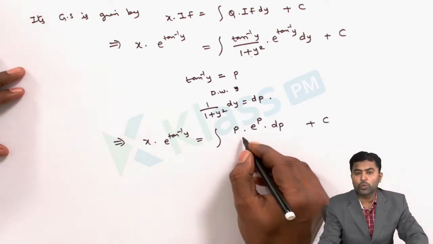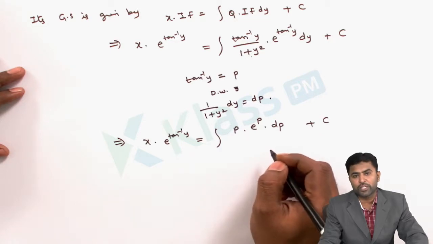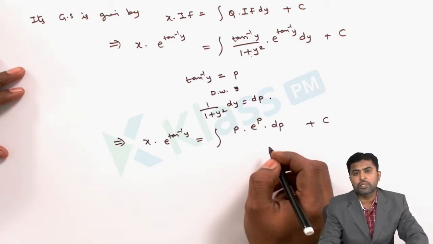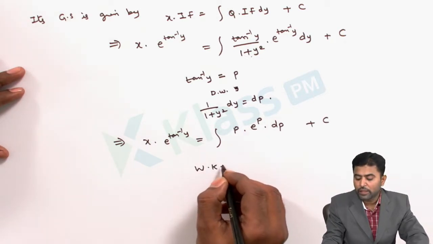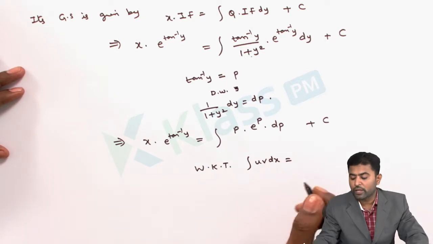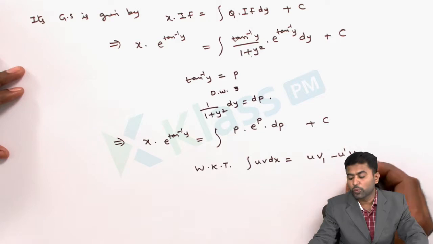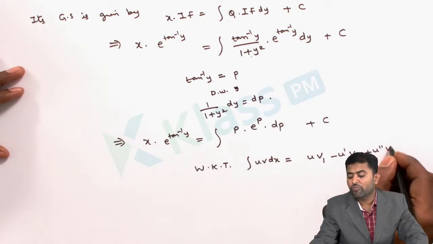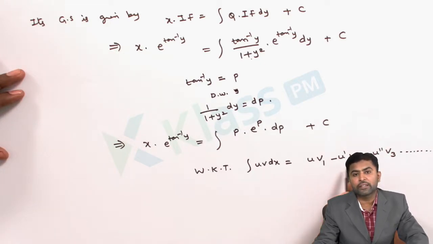Now we have two terms, u and v, in the integration of uv. Either we can use integration by parts or we can use Leibniz's rule of integration. We know that ∫uv dx by Leibniz's rule is uv₁ − u′v₂ + u″v₃ − and so on. This is an alternating series.